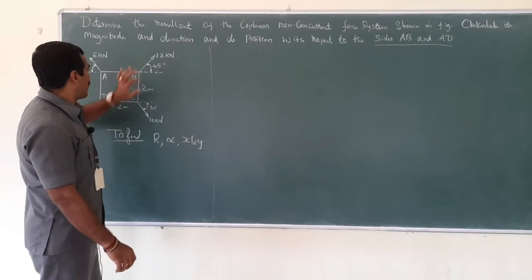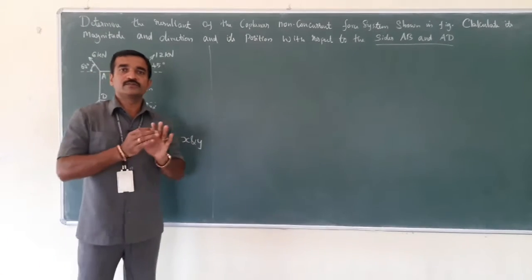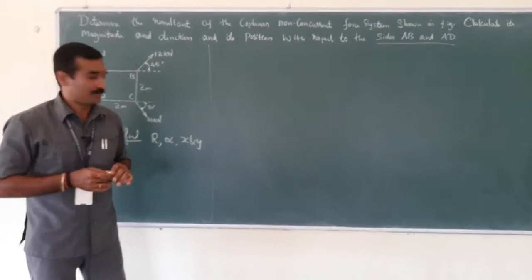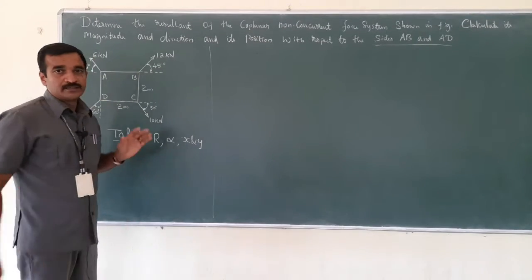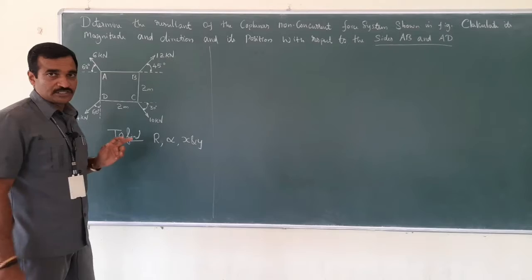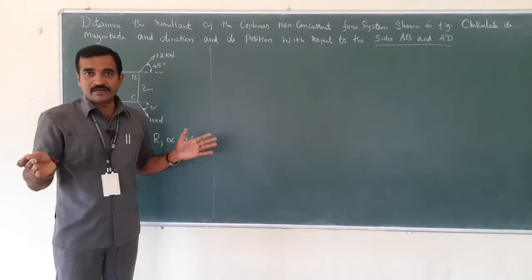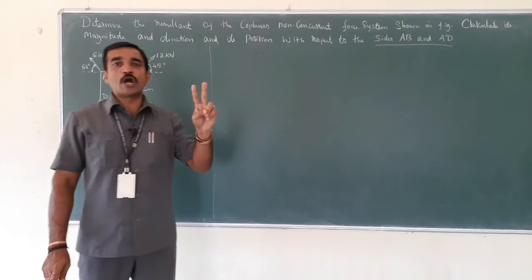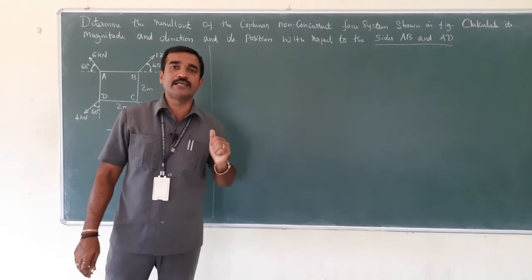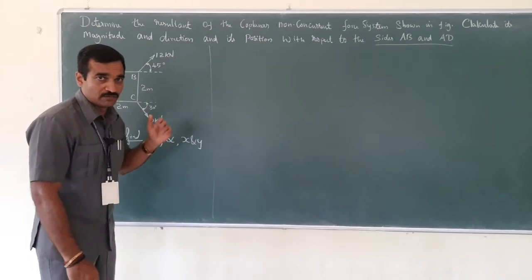So here all the four forces are inclined with the horizontal or the vertical. We need to split them into two components, the x direction as well as the y direction, to resolve it, isn't it?